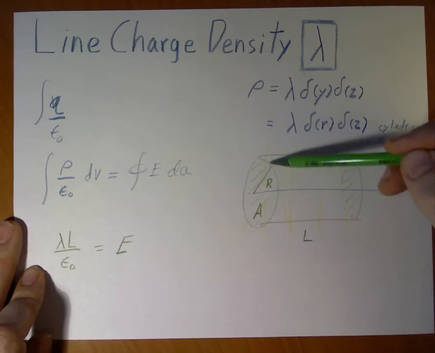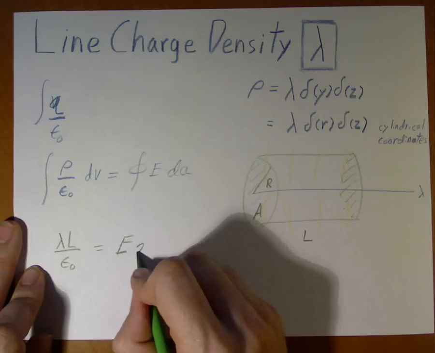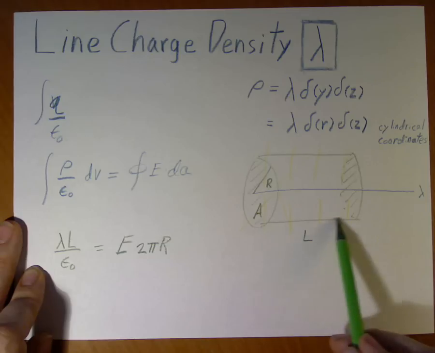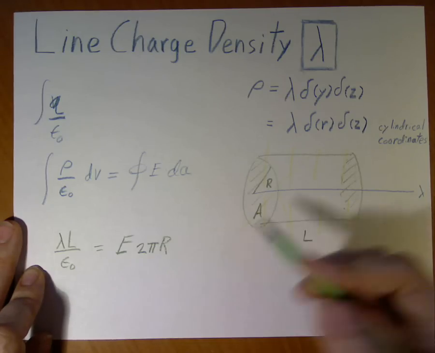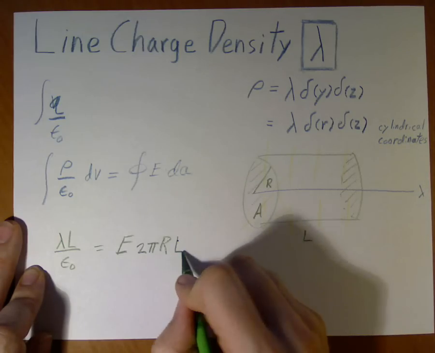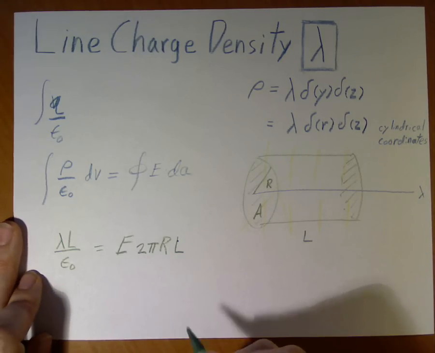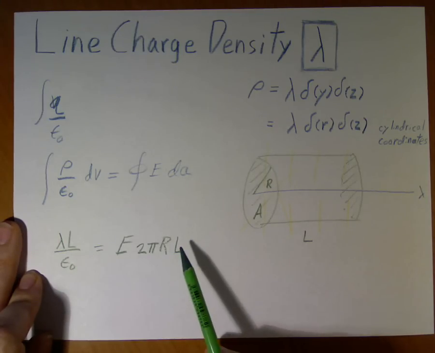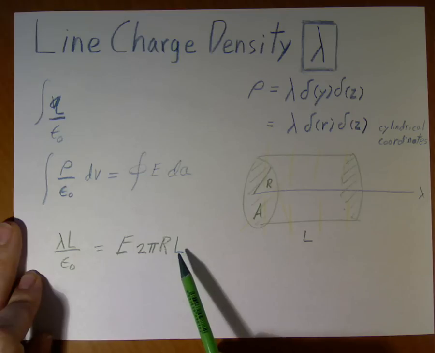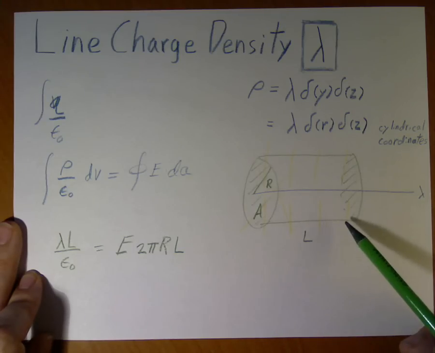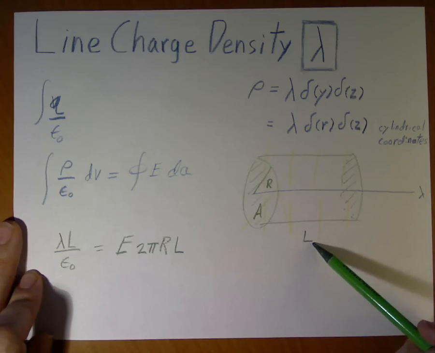The circumference of a circle is 2 pi r, and the length of this is L, so the lateral area of a cylinder becomes 2 pi r L. Now, we notice that we have L on this side, and L on this side. In other words, if we divide by L, L does not even occur in our equation. It doesn't matter how big or how small we make our Gaussian surface, because L is just going to disappear anyway.